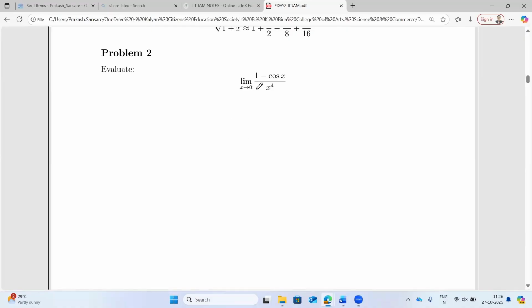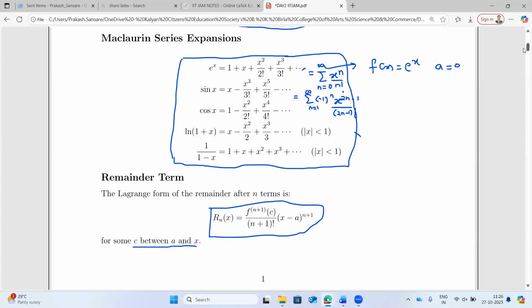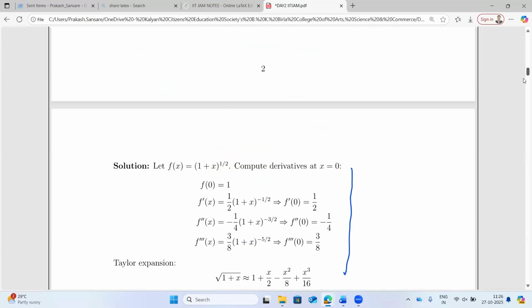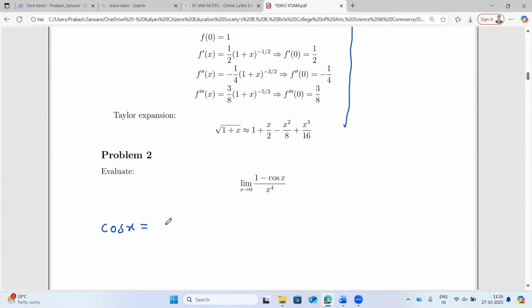Evaluate the limit as x goes to 0 of (1 minus cos x) upon x raised to 4. I already know the formula for cos x, which we have written on the first page. So cos x is 1 minus x square by 2 factorial plus x raised to 4 by 4 factorial minus so on and so forth.